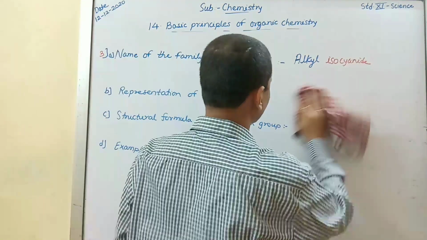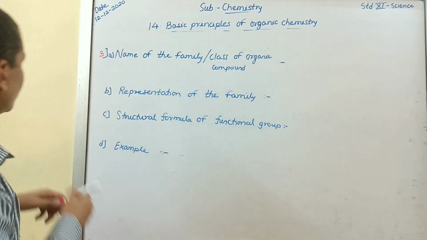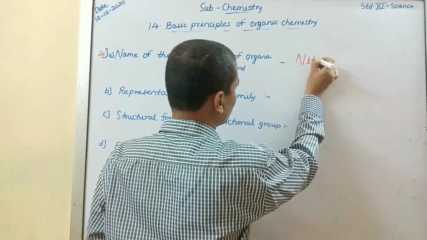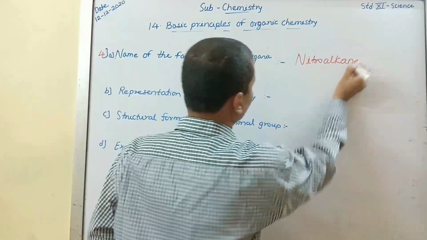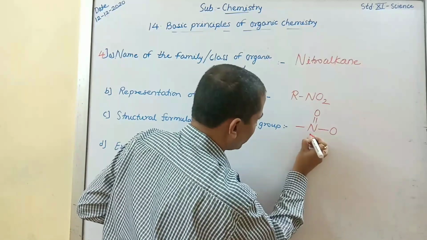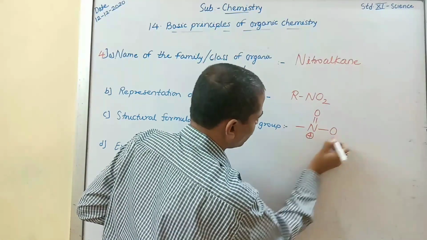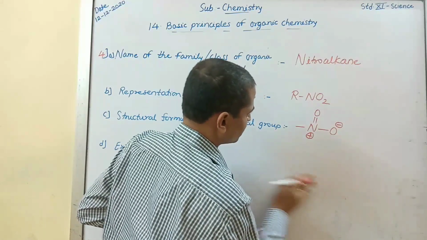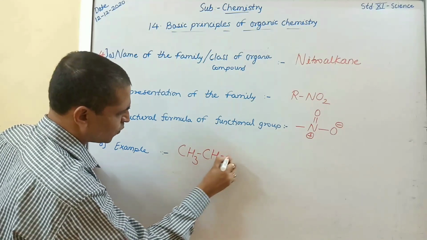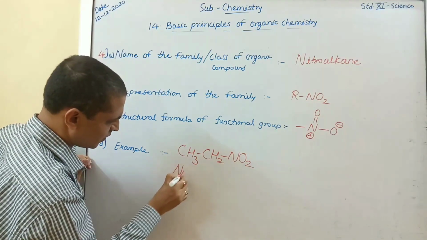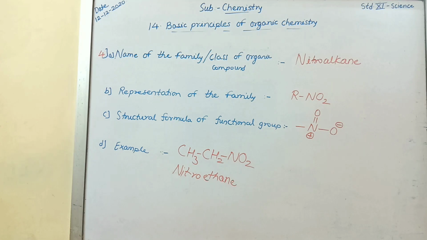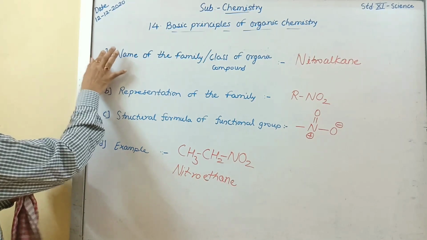Now next, our fourth class is nitroalkane. Here we have the formula RNO2. Now see, N has a plus charge and O has a minus charge. See the example: CH3CH2NO2. It is called nitroethane. Now come to the next.